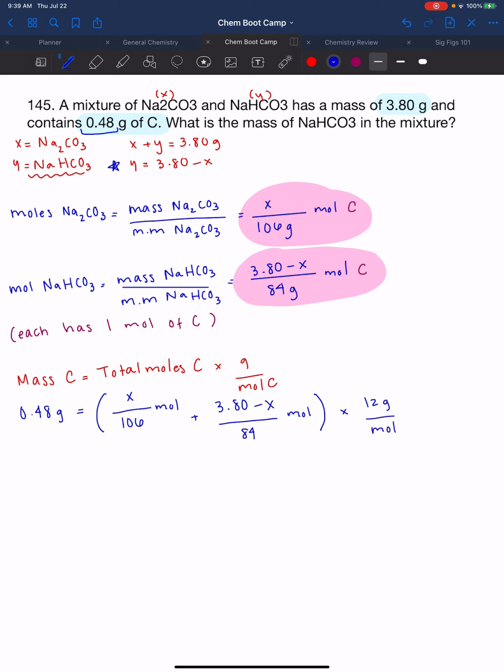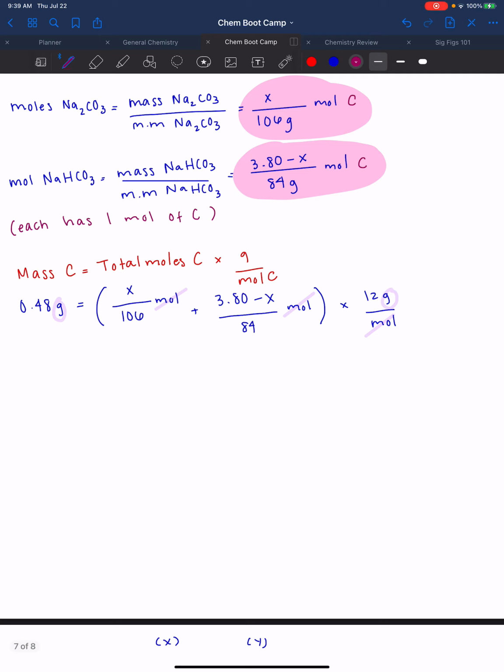So we see here how these moles, which are going to add up to each other, are going to cancel out. We're going to be left with grams. So what we're really left with is the value of X. If we go ahead and solve this whole problem, which is pretty straightforward with algebra, you do the whole algebra method here, or you can just put this straight into your calculator if you have it.